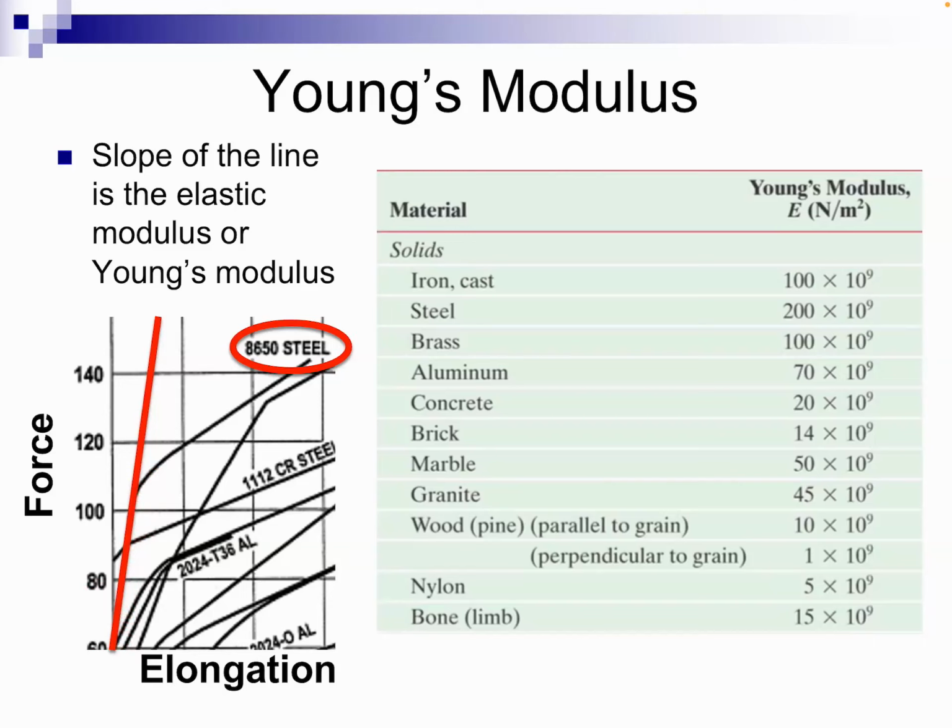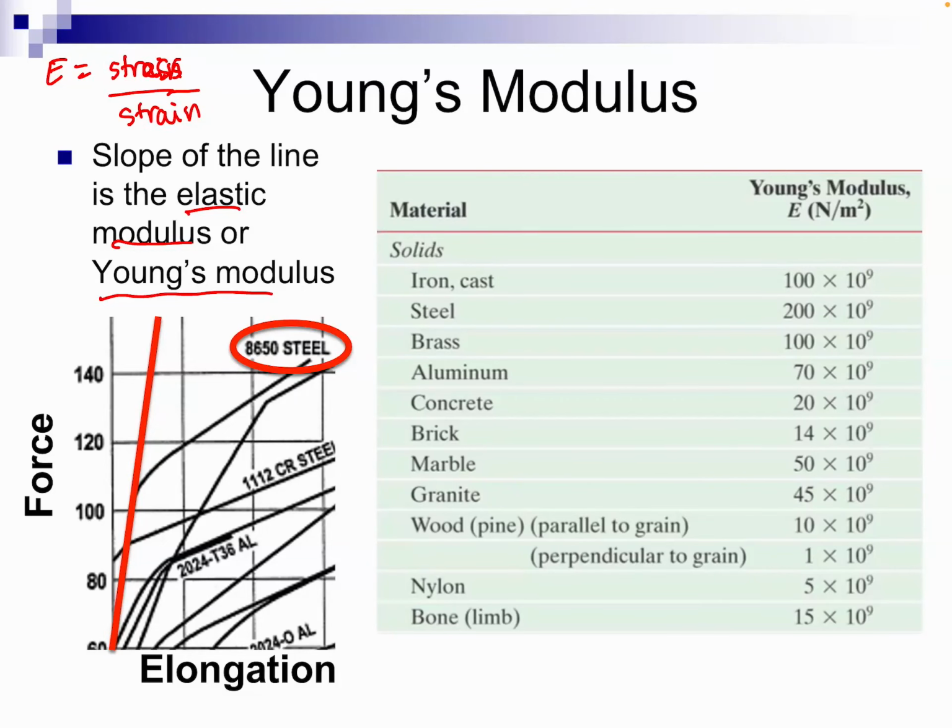As we've said, the Young's modulus is the ratio of the stress over the strain. And slope is equal to force over elongation. So essentially, by getting the slope of the elastic region in your experiments, you're able to determine the Young's modulus or elastic modulus of the material.